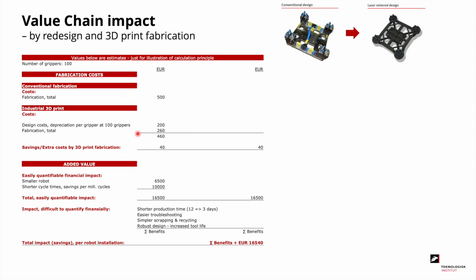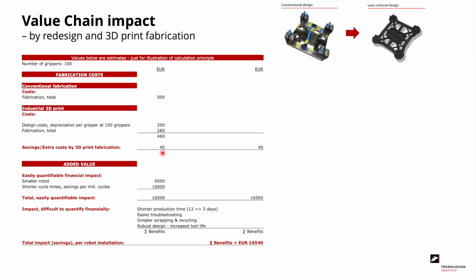The fabrication costs are split into conventional fabrication costs, which is 500 euro, and industrial 3D print cost, which is 460 euro. The 460 euro consists of two contributions, both the design costs and the fabrication costs. This in total gives you a saving of 40 euro per gripper.